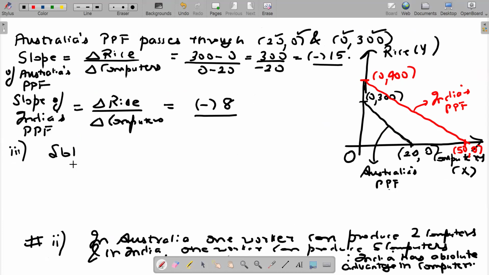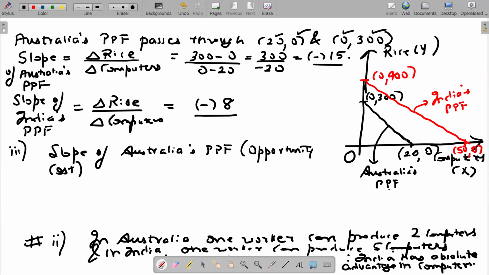I can write that slope of Australia's PPF, also called the opportunity cost. Remember, the slope of the production possibility curve also captures the opportunity cost.